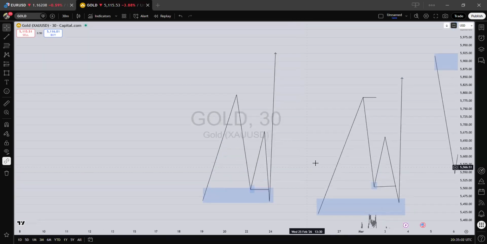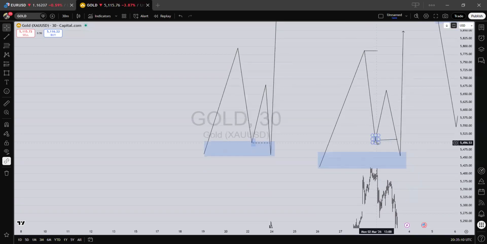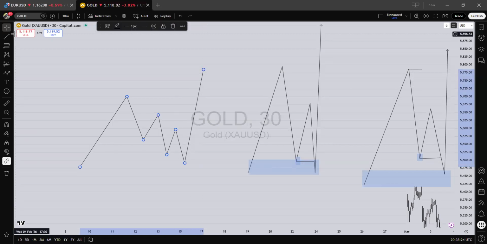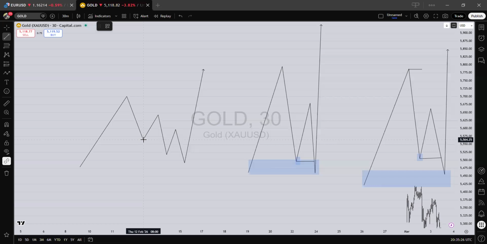If you look at what I've shown you here, price only engineered liquidity once, here, and once, there. But price can engineer liquidity more than once. For example, this is price engineering liquidity twice.